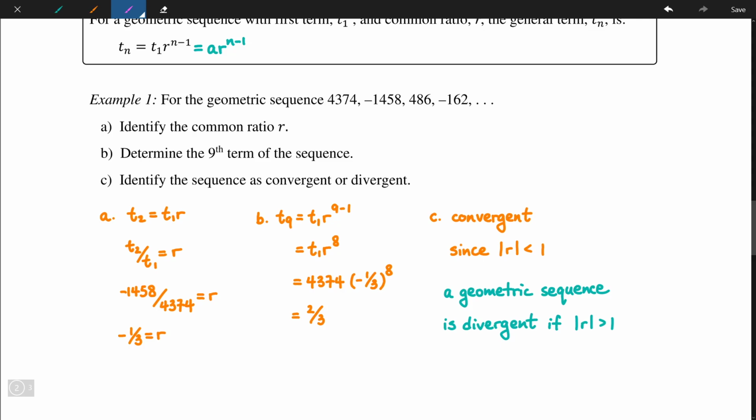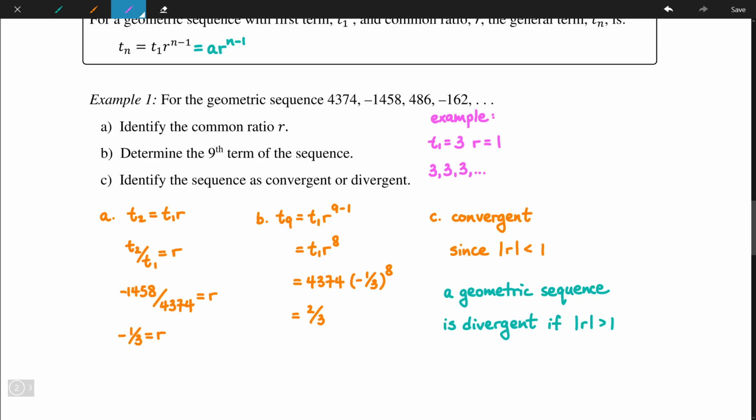So, examples here. If we have a geometric sequence where the first term is, let's say, 3, and then the common ratio is 1, then the sequence would just be 3, and then 3 times 1 is 3 again, and then 3 times 1 is 3 again, and so forth. So it will converge to the value of 3.